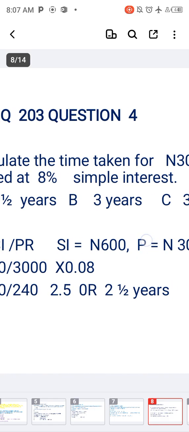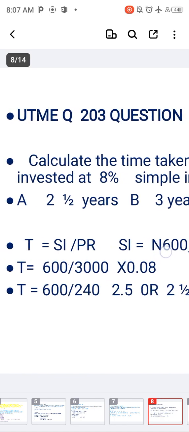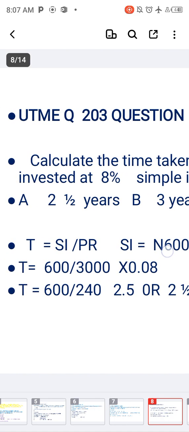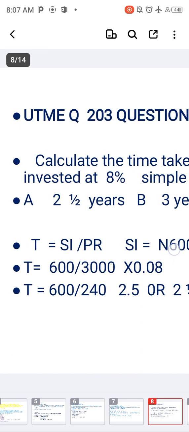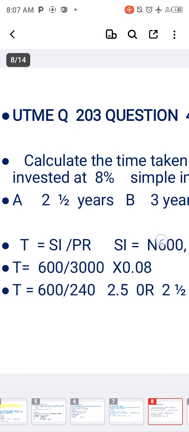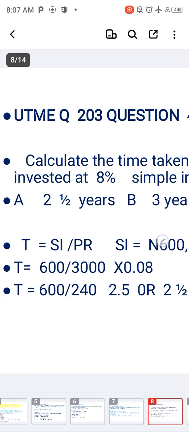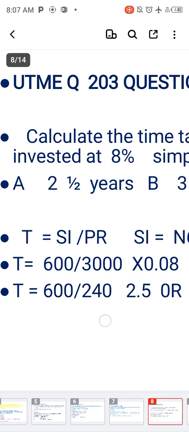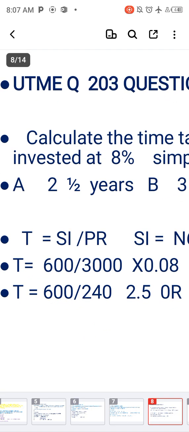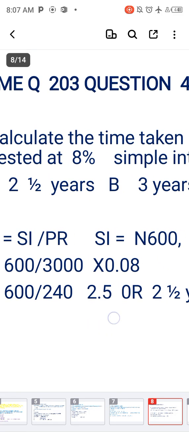Now when we fit these values in the formula, we have t is equal to 600 over 3,000 times 0.08. And what we have is 600 over 240, and that will give us 2.5. 2.5 means 2 and a half years.